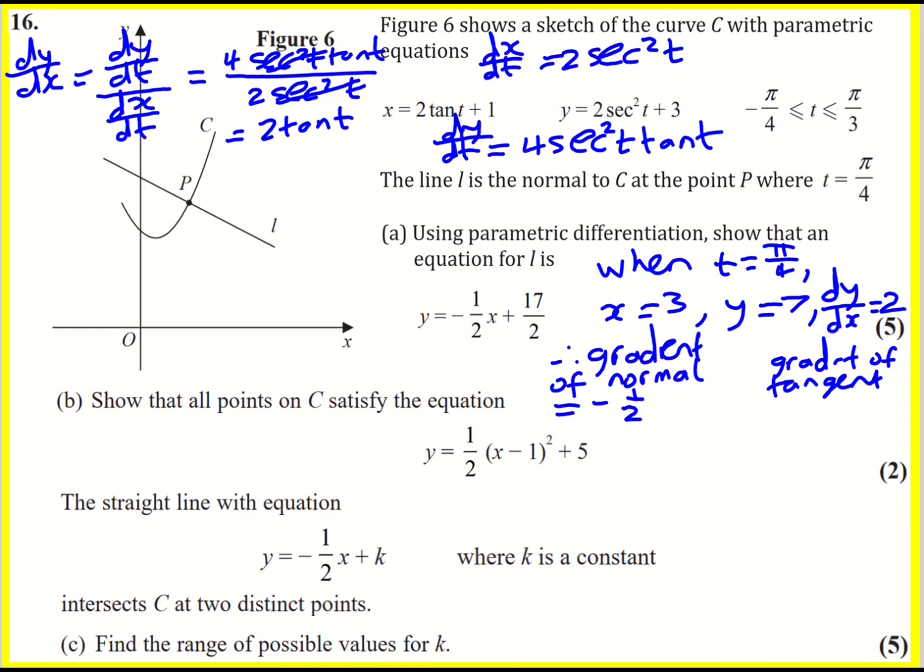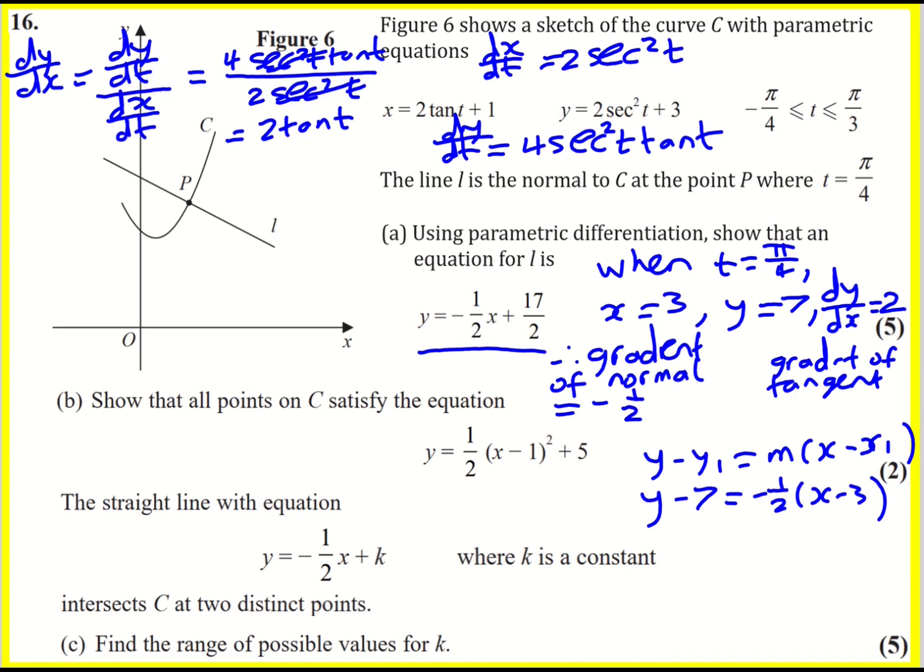Okay, we're nearly there now. So that means y minus y1 is equal to m times x minus x1, or you can use y equals mx plus c if you prefer. y minus 7 is going to equal minus a half times x minus 3.